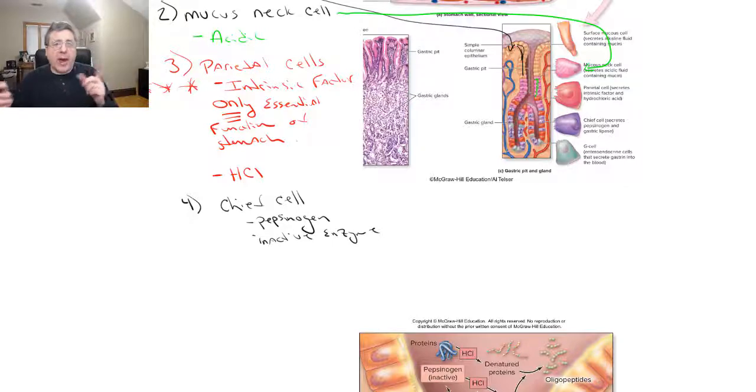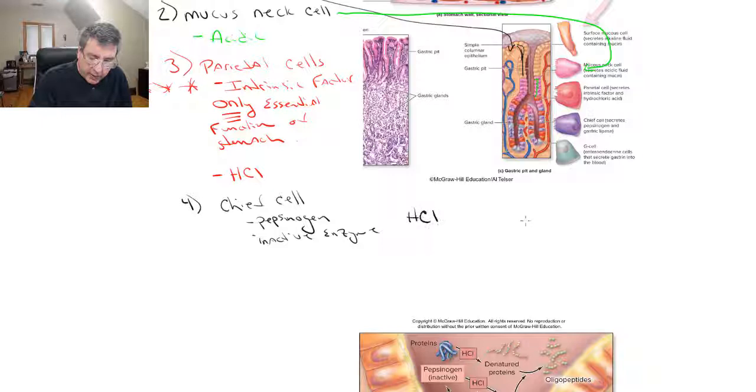Now, what activates pepsinogen? You should be able to remember this one because we just talked about it, and that's going to be hydrochloric acid. So HCl converts pepsinogen to pepsin.